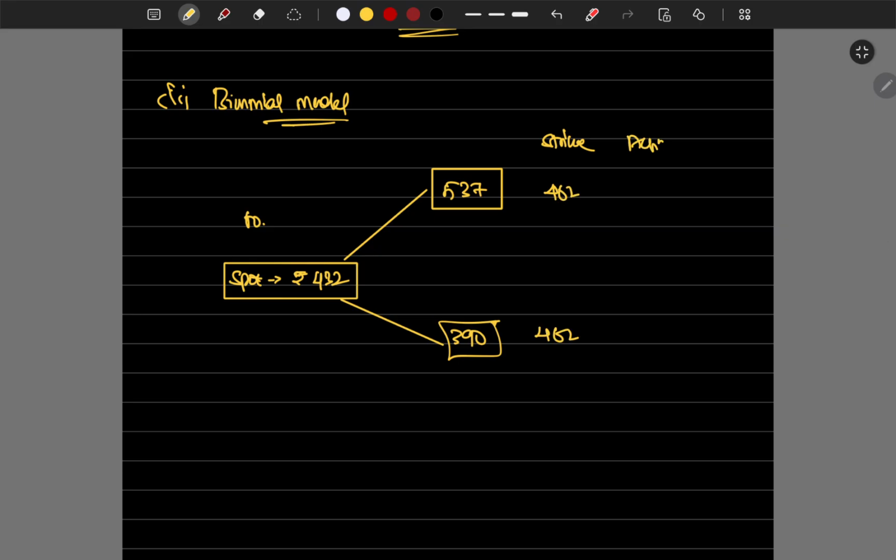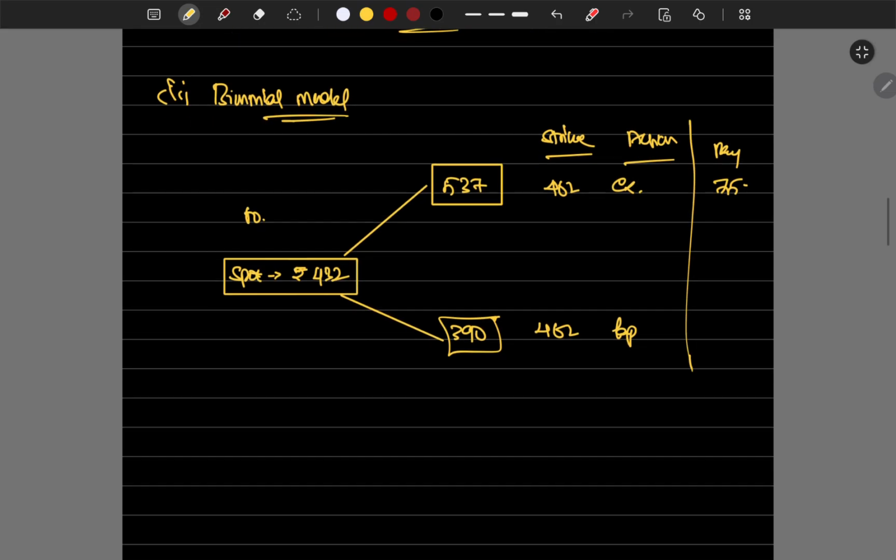What's the action? Same, we are doing it in a pictorial manner. I will buy at 462 and sell at 537, so this is exercised. I will buy at 462 and sell at 390, this is a loss, so lapse. What's the payoff? Same, 75.